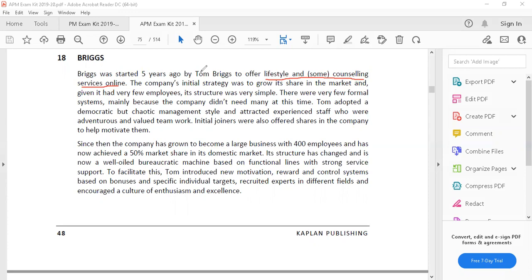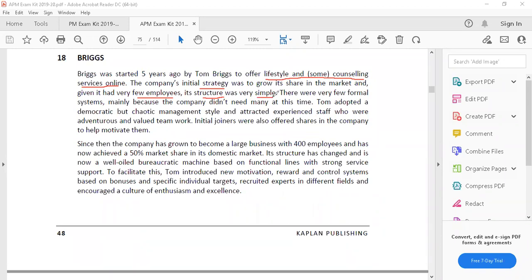So there is a mention of the strategy. Given it had very few employees, employees are staff, and its structure was simple. So it's not a divisional structure, it is just a functional structure. The structure is also mentioned.